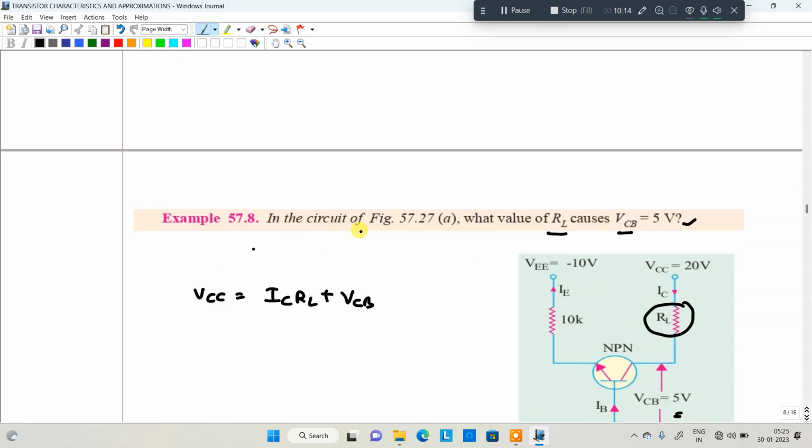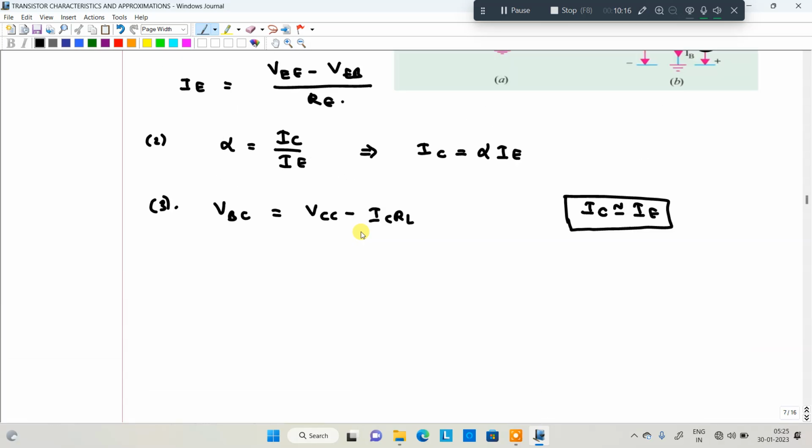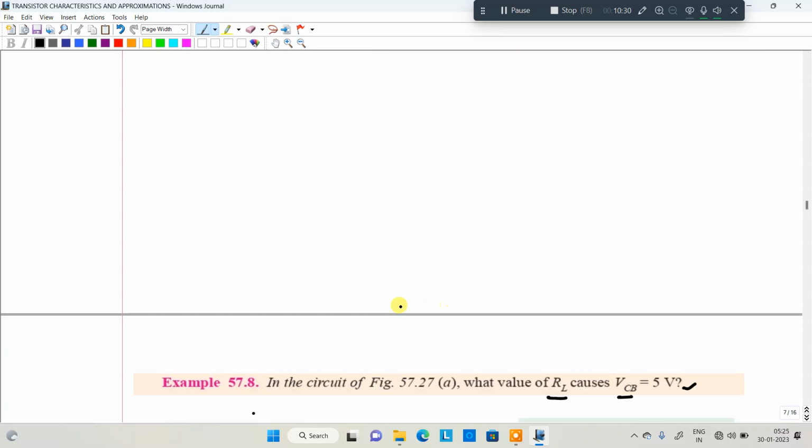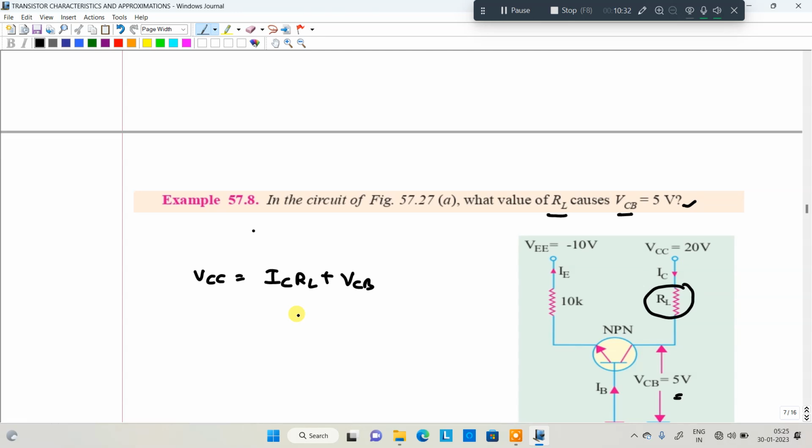Okay, just now we derived that. Just see here. VCC is equal to VBC plus IC RL. The same formula I am writing here. Yes or no? Okay, once you know KCL and KVL, you can play with the transistors.